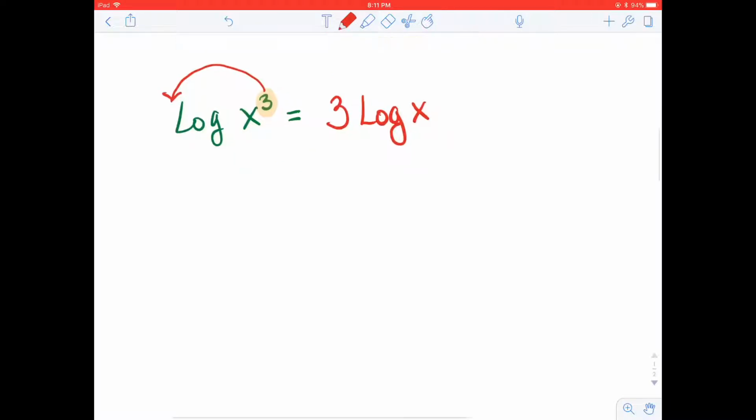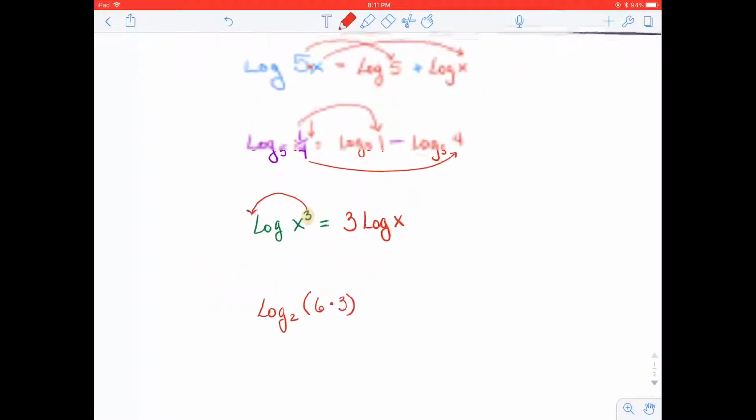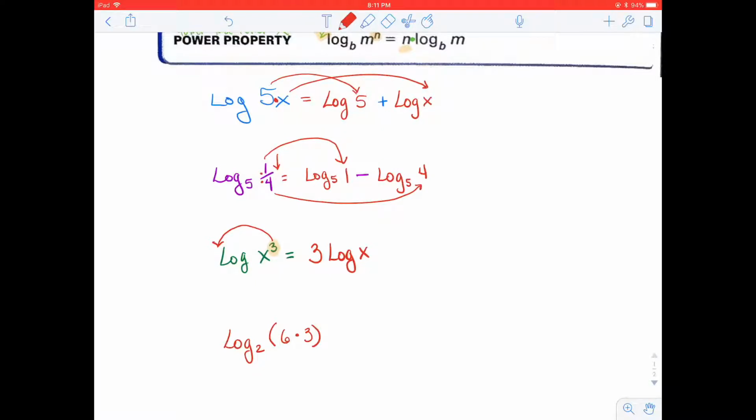Let's do log base 2, and then we're going to use parentheses, 6 times 3. Now notice that's multiplied. We can either have two things touching to show multiplication, or we can actually see the multiplication. So we're just going to expand that using addition.